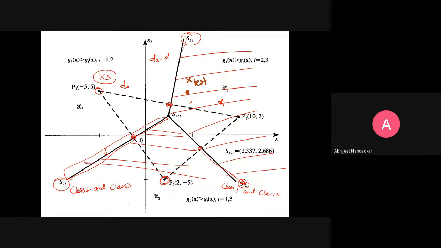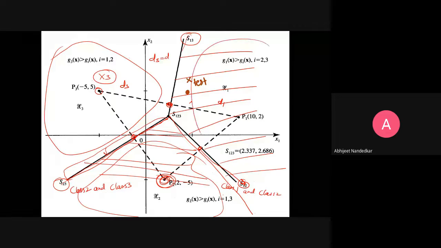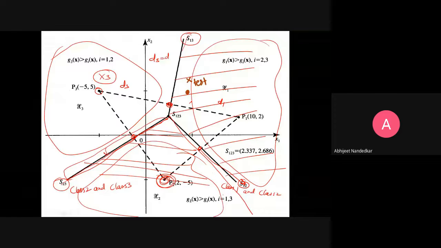You can see it is covering prototype 2, so the region of class 2 is confined by this boundary. Whatever sample lies over here belongs to class 2. Whichever sample lies here is class 3, and whichever sample you choose in this region belongs to class 1. So I hope you can imagine those planes on this diagram.